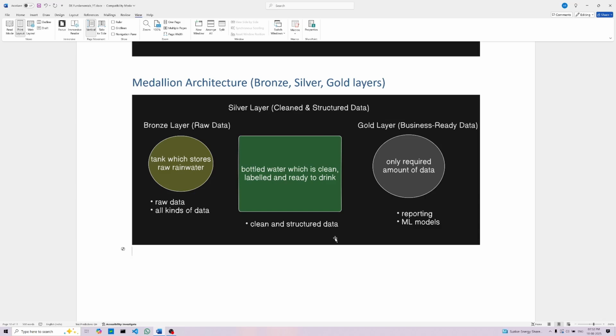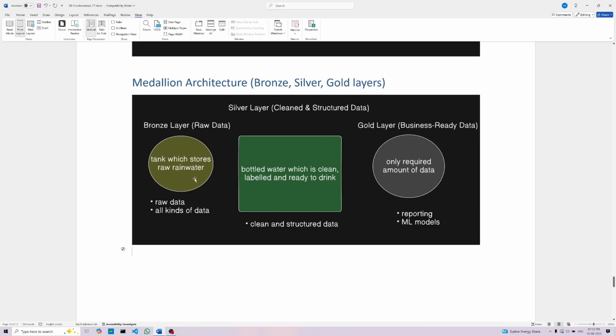Okay, clean, labeled and ready to drink water is stored in silver layer. And in gold layer only the required amount of water is stored. So let's say that tank will supply some specific volume of water to limited cities. So only that much water will be stored in gold layer, which is the required amount of water.